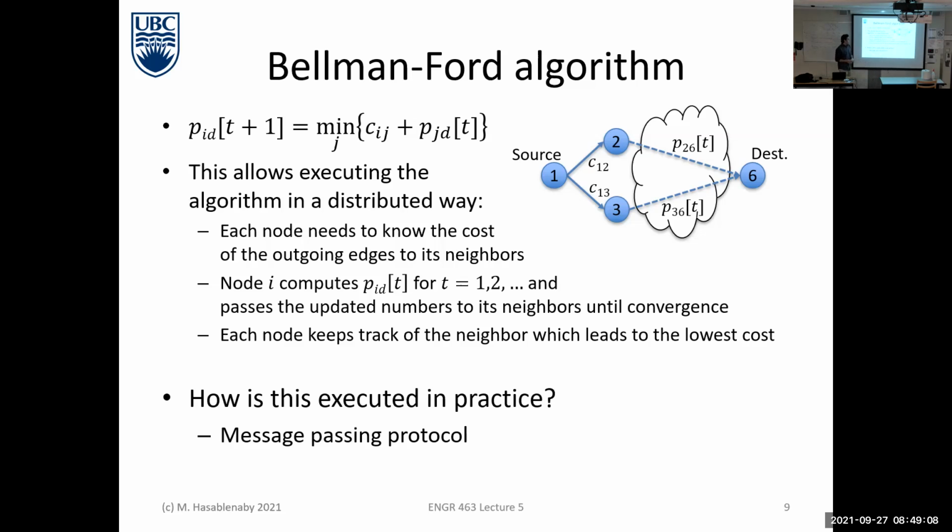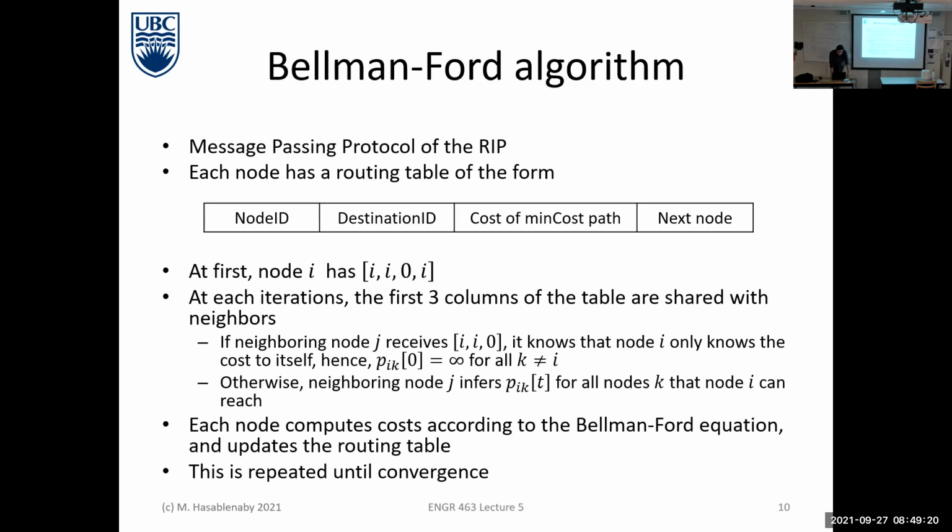Okay, so I am connected with this link, and the cost of this link is a certain number. I'm connected to this link, and the cost of this link is this certain number. So this is the message passing protocol. Each router will send its node ID, I am router 1, and destination ID. I can reach node 2 with the minimum cost, the cost between node 1 and node 2.